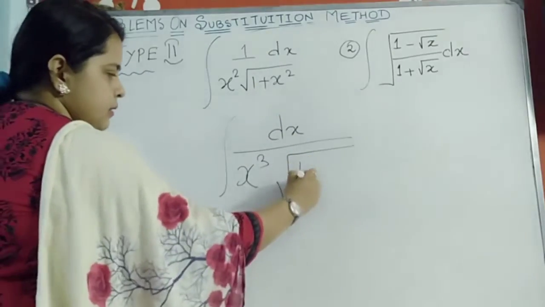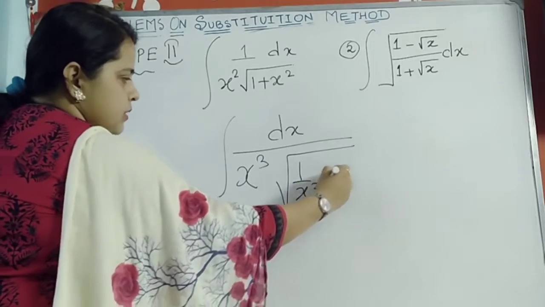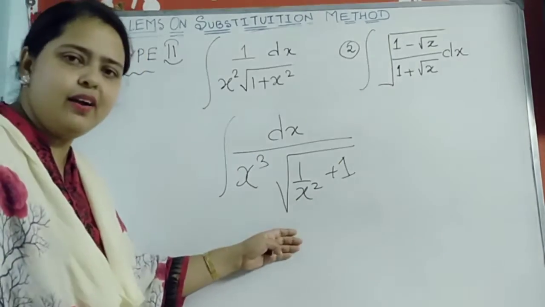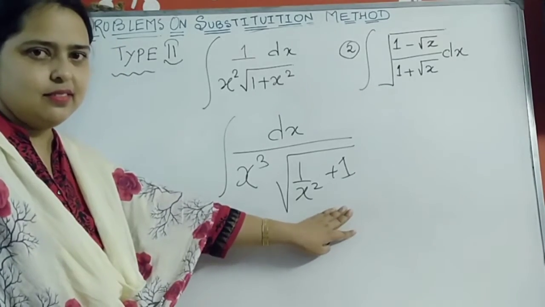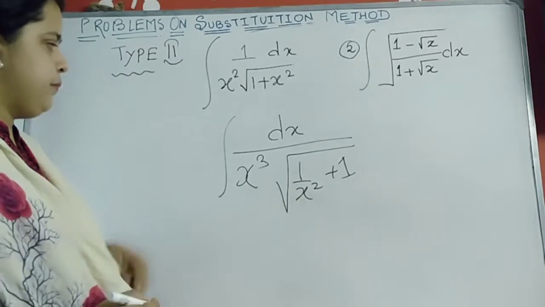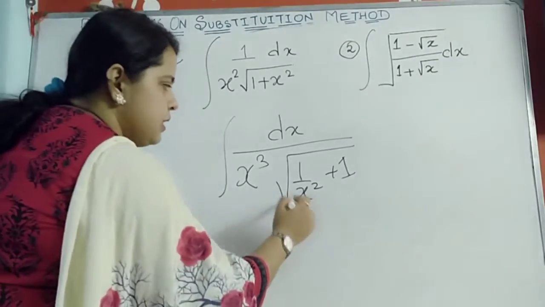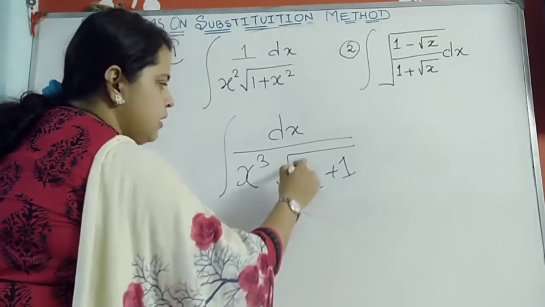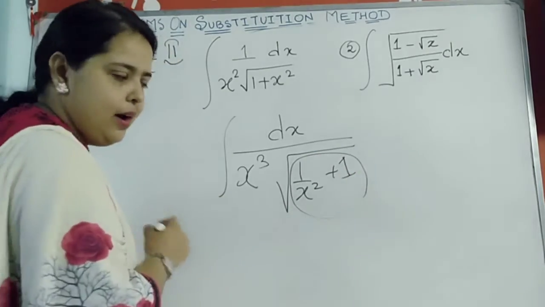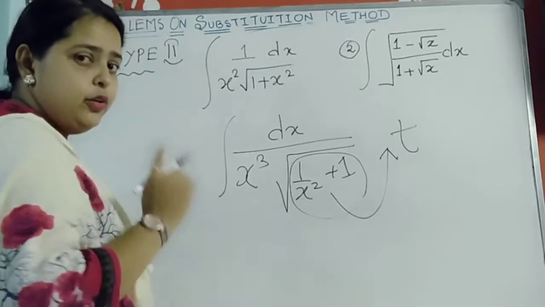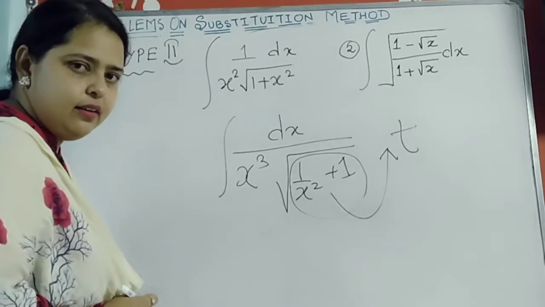And the second part, which is under the square root, becomes 1 by x square plus 1. Okay, students. Now, this is the one I needed, because if this entire part becomes t, now you tell me what is going to be dt then?